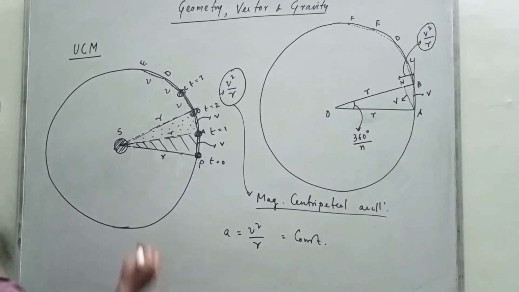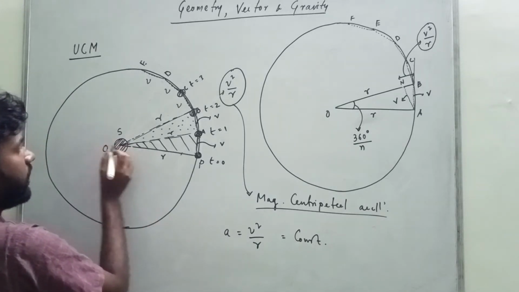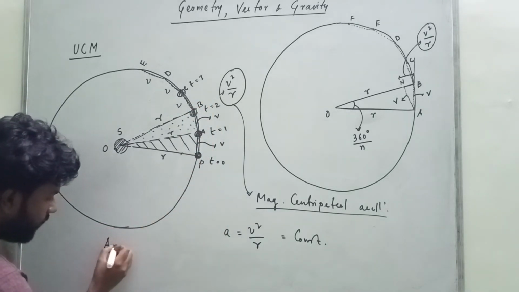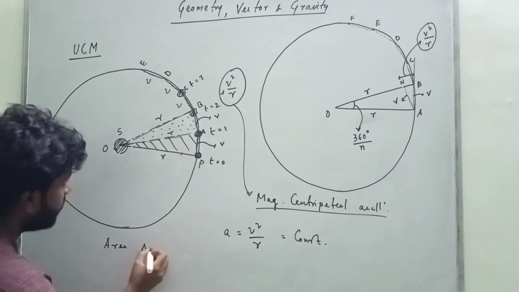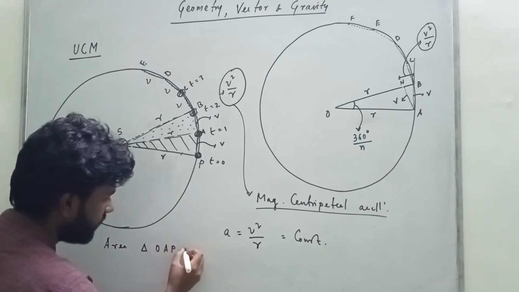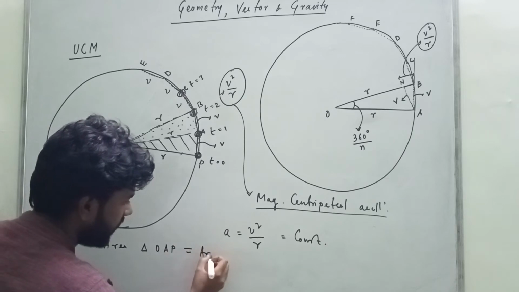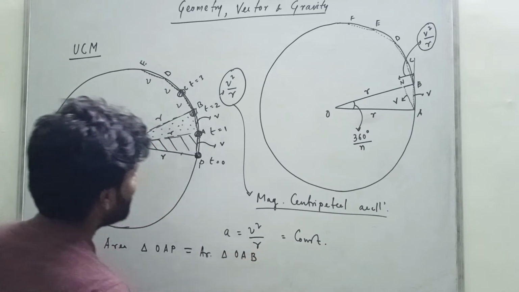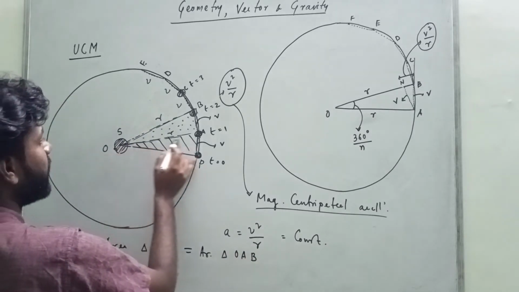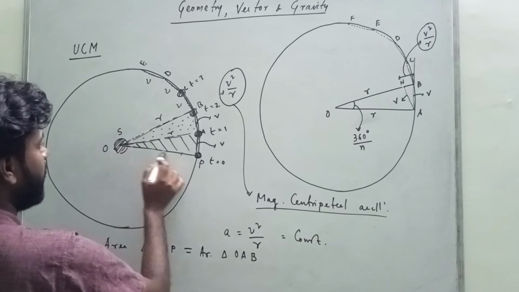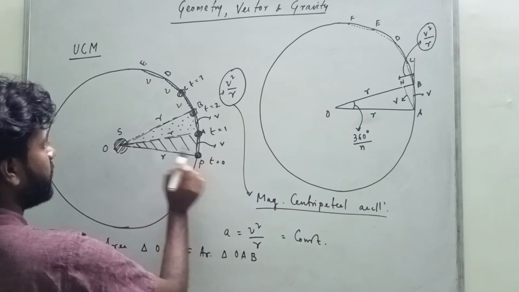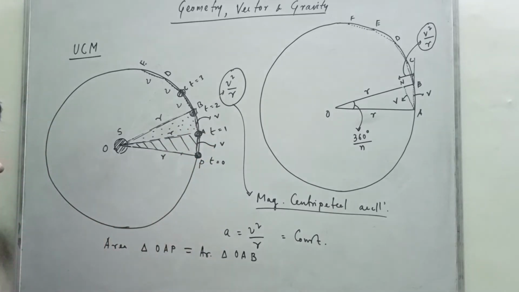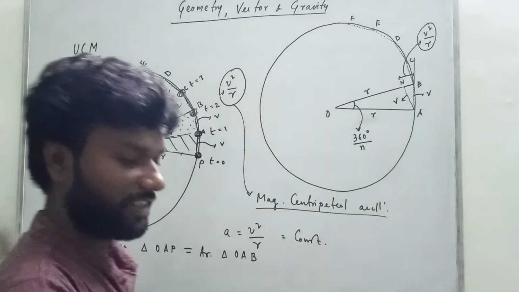So just take it as O and name it B. So obviously the area of triangle OAP equals the area of triangle OAB, right? Because these two are the same. It is R, it is R, it is V. So the areas of these two triangles are the same.